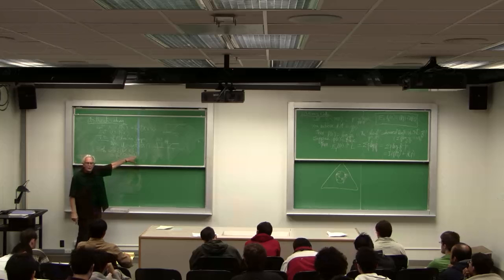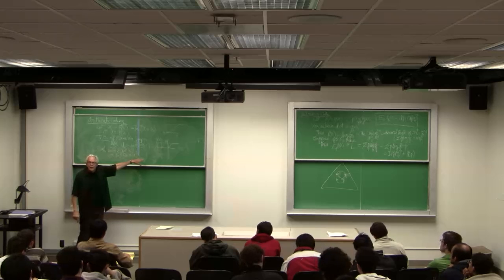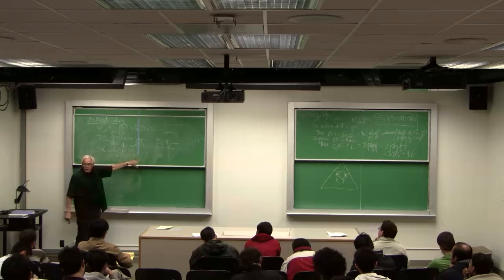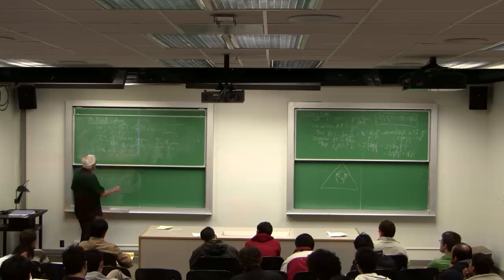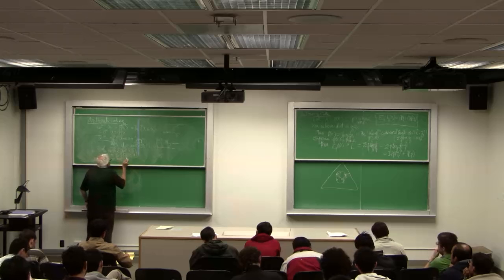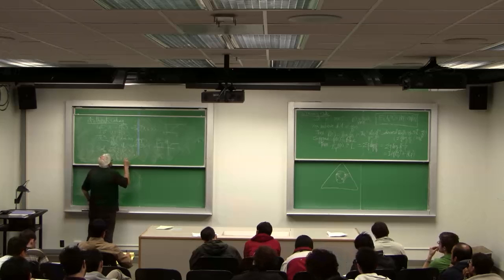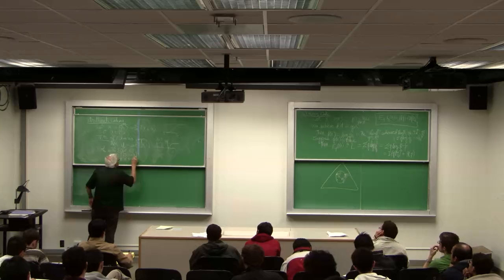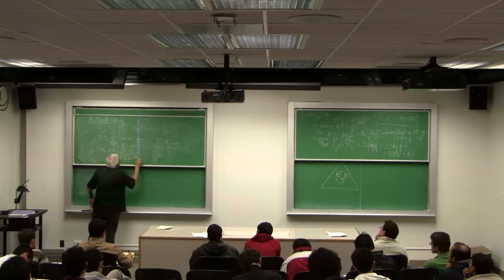Now, F is monotonic. Let's take F inverse of both sides, and that will preserve the inequality. So this is the probability that X is less than F inverse of u.